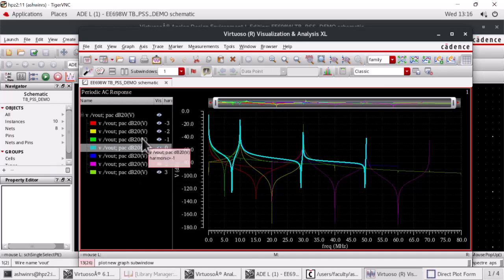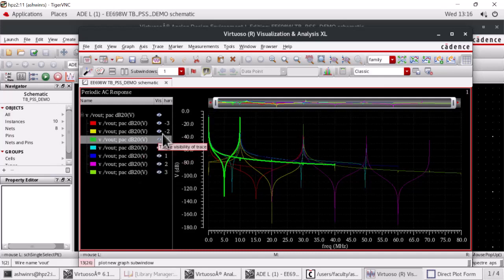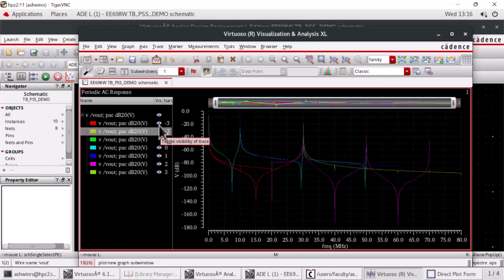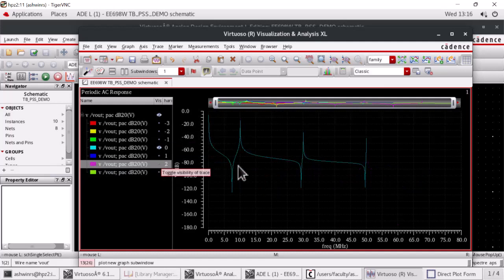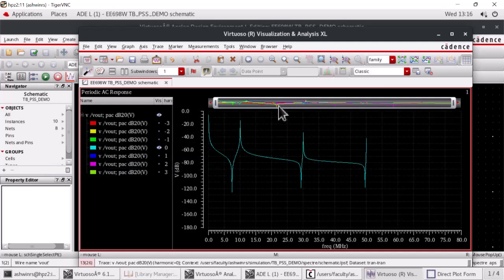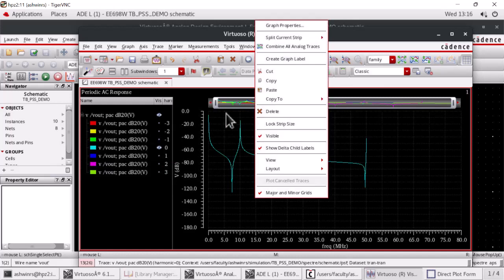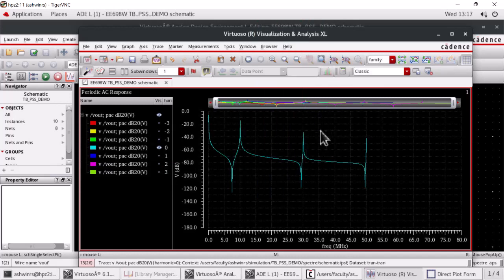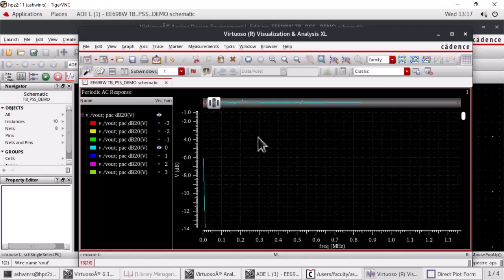This is the f minus Fs and so on, right? So let's say I'm interested only in H0, I'll disable the other ones. So we'll have this, and as expected you have multiple bands. The first band is around DC, the second band is around Fs, this is at 3 Fs and so on, right? And at DC we know the value is half, the DC gain, and that's what you have, minus 6 dB, right?